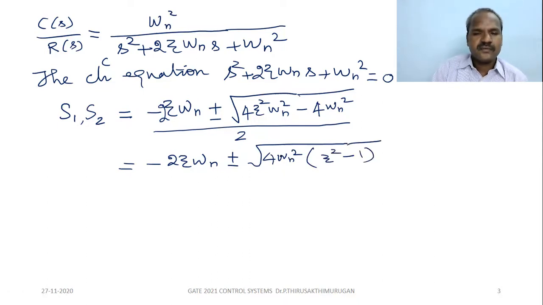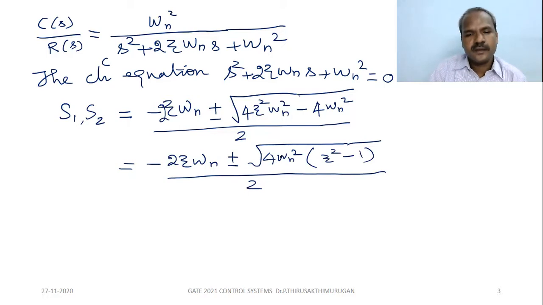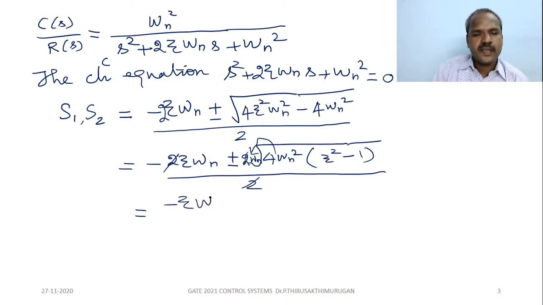Taking 2 omega n outside, the 2 cancels for all the terms, so remaining will be minus zeta omega n plus or minus omega n.